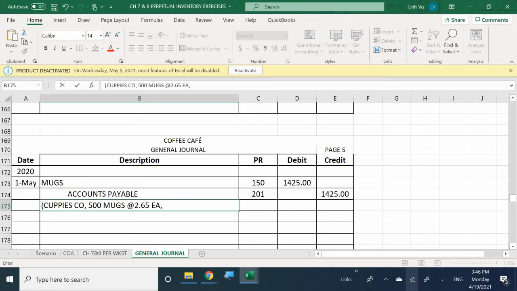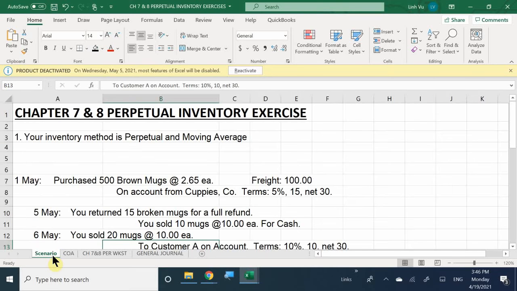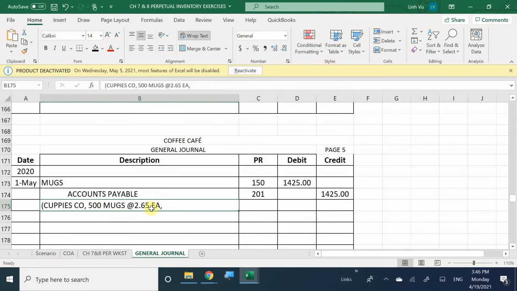And they gave me terms, right? What were they? 5% if paid in 15 days. If not, then 30. Okay, so that means 5/15, net 30.